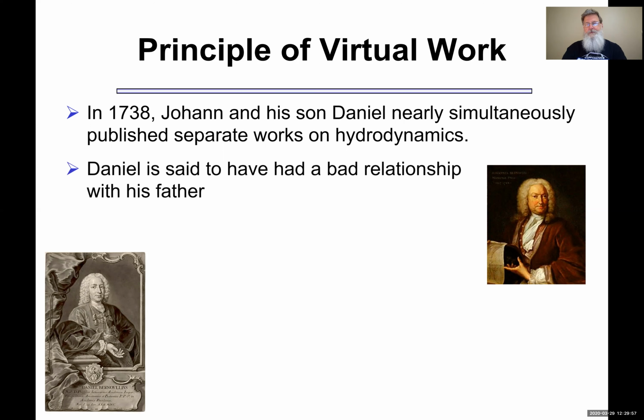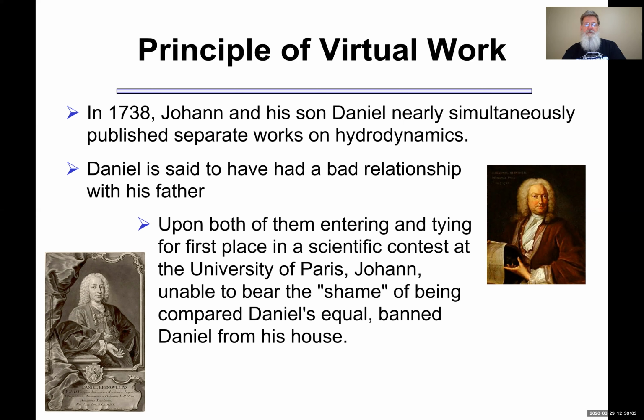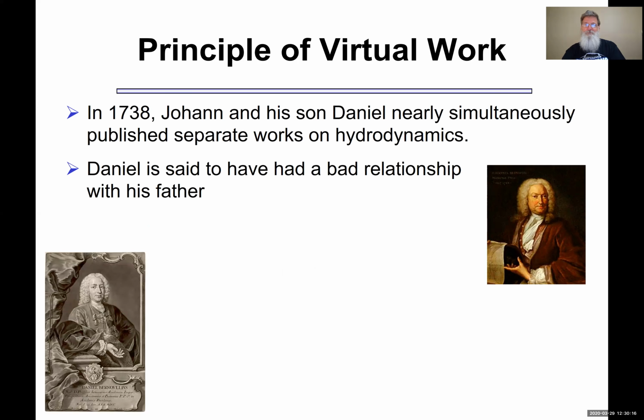Daniel and his father didn't have a good relationship. In fact, they both entered a scientific contest in Paris, and Daniel won. And Johann could not bear the shame of that, or even being compared to Daniel, and basically threw Daniel out of the house.